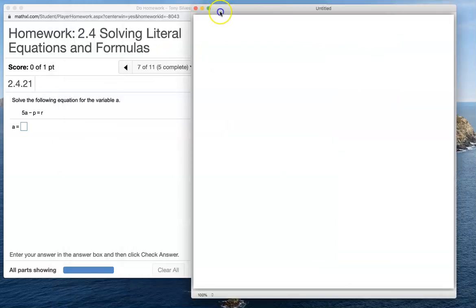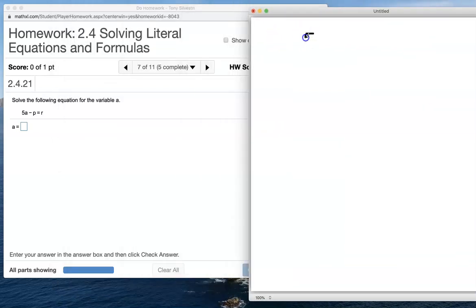Okay. All right, 5A. I got 3 variables here. It's nice. Okay. What am I going to solve for? A. That P's got to go. Opposite of minus P is plus P. 5A equals R plus P. Now, A is being multiplied by 5.